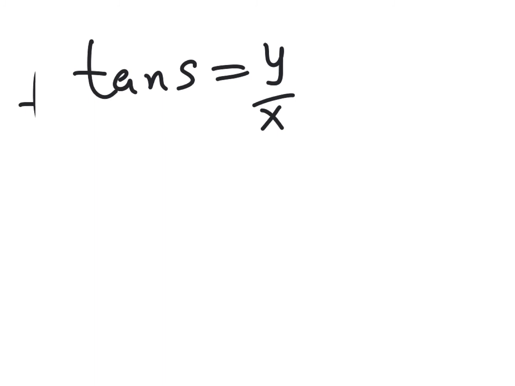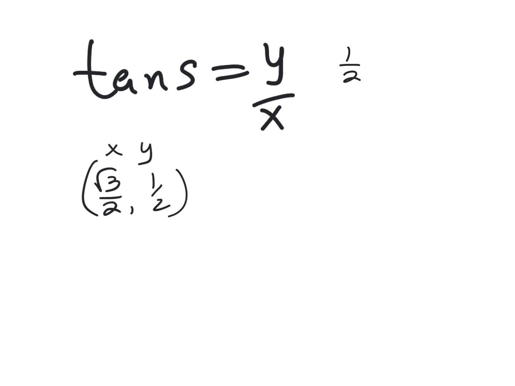So the first one, root 3 over 2, comma 1/2. This is x, this is y, so if I put it in here, 1/2 over root 3 over 2. This fraction bar means division. So what we're really doing here is 1/2 divided by root 3 over 2. Back to my 4th grade fraction skills, keep, flip, change it.